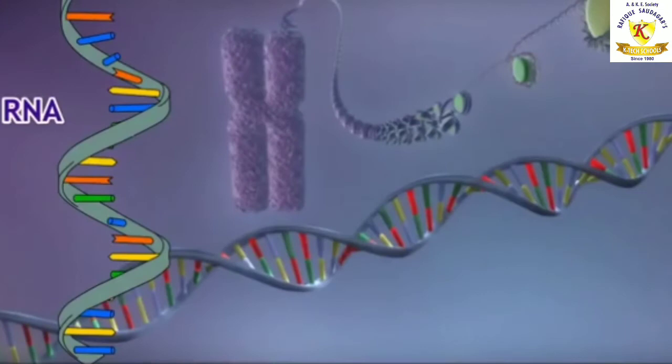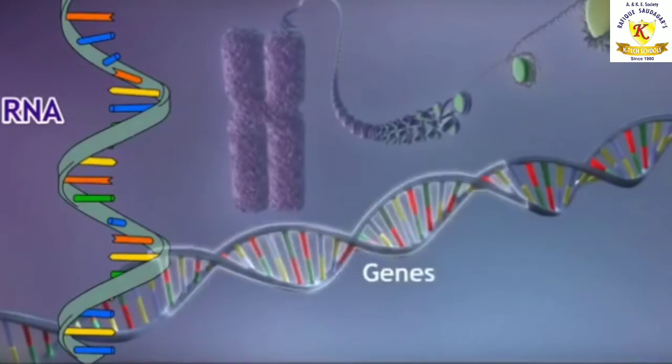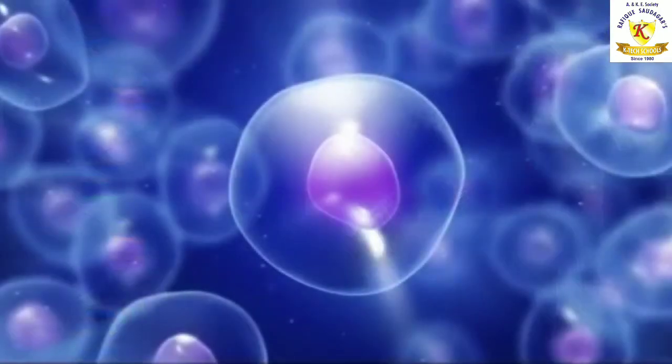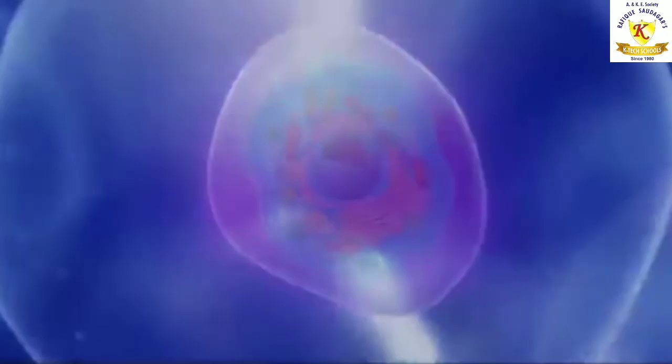Now, with the help of RNA, the genes present in the form of DNA participate in the functioning of cell and thereby control the structure and functioning of the body. Okay? Now, information about protein synthesis is stored in DNA.